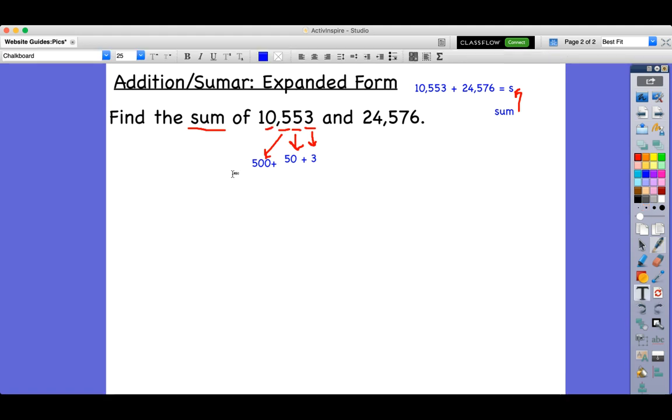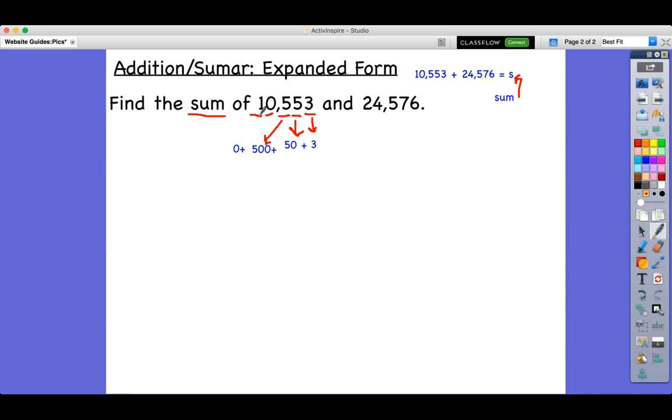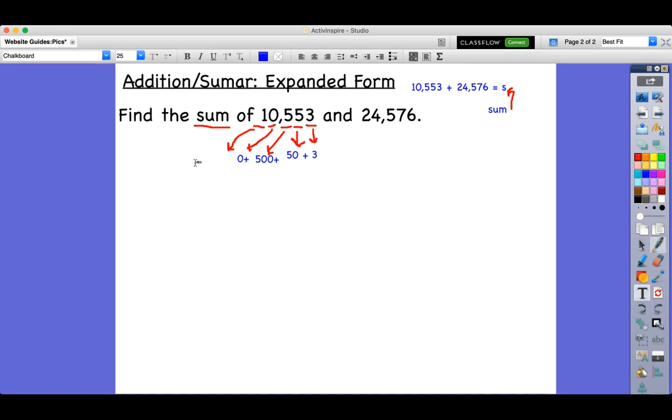I'm still going to write that 0 and kind of use it as a placeholder because that's going to be important so I don't get confused later. And last, we have the 10,000s place, and we have a 1 in the 10,000s place. So 1 10,000 is the same as 10,000.